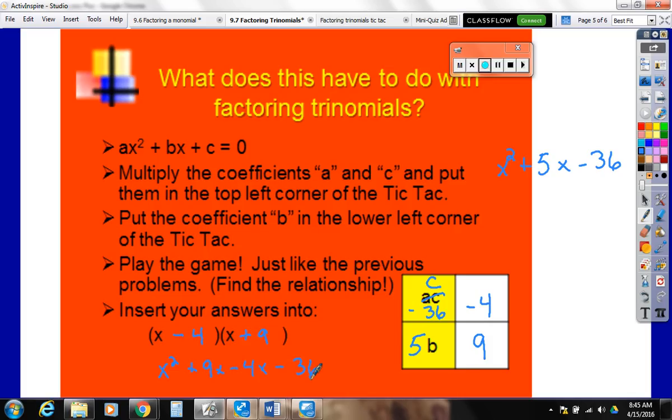Then combining like terms, we get 5. That's why these numbers have to add to give us the middle term, because we're combining like terms. We always have to add them together. And multiplying the constants gives us our constant in our trinomial. So this trinomial does work out to be x squared plus 5x minus 36.